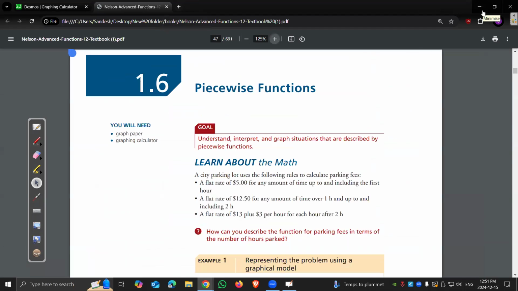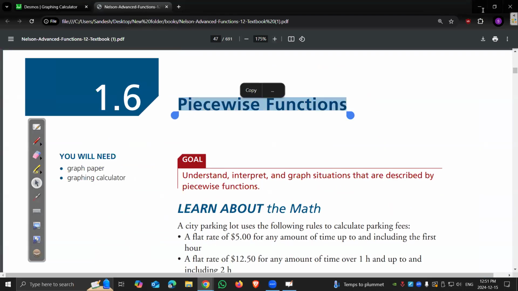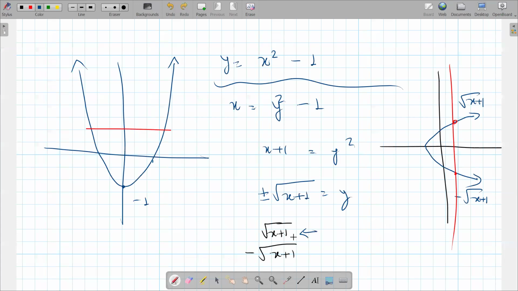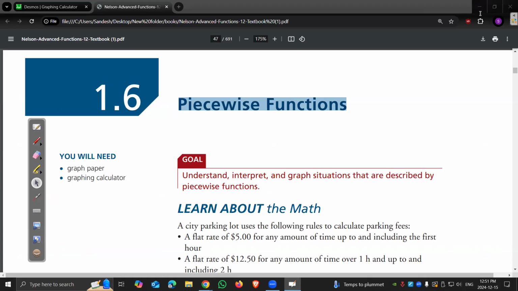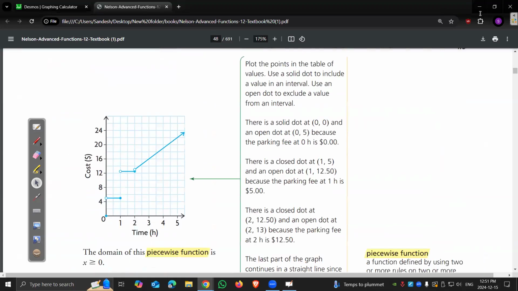Let's look into piecewise functions. What's a piecewise function? It's just a function that has multiple parts, like the previous question. Something like this. It's a function that has multiple parts or multiple equations.